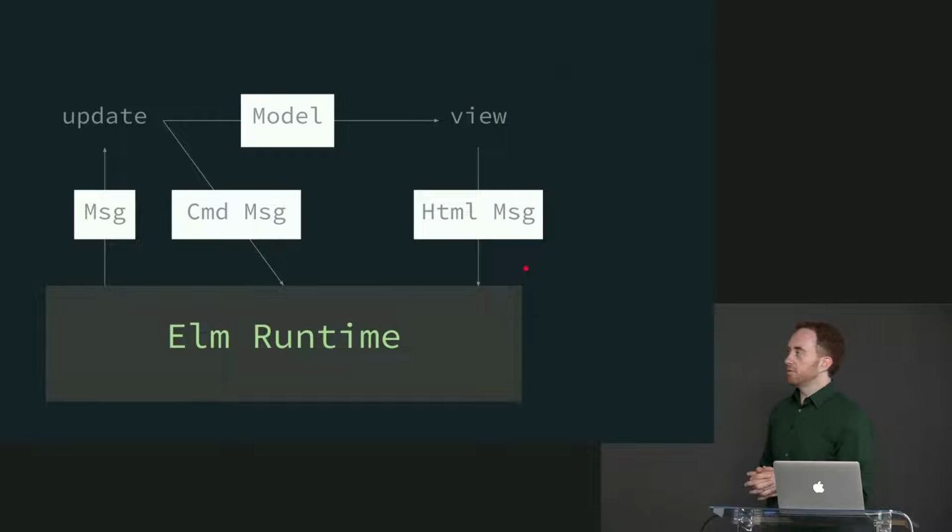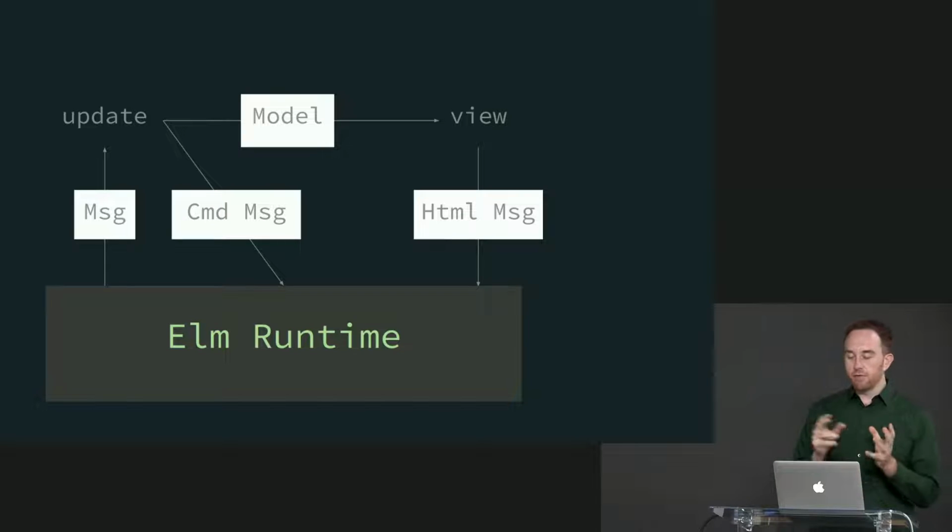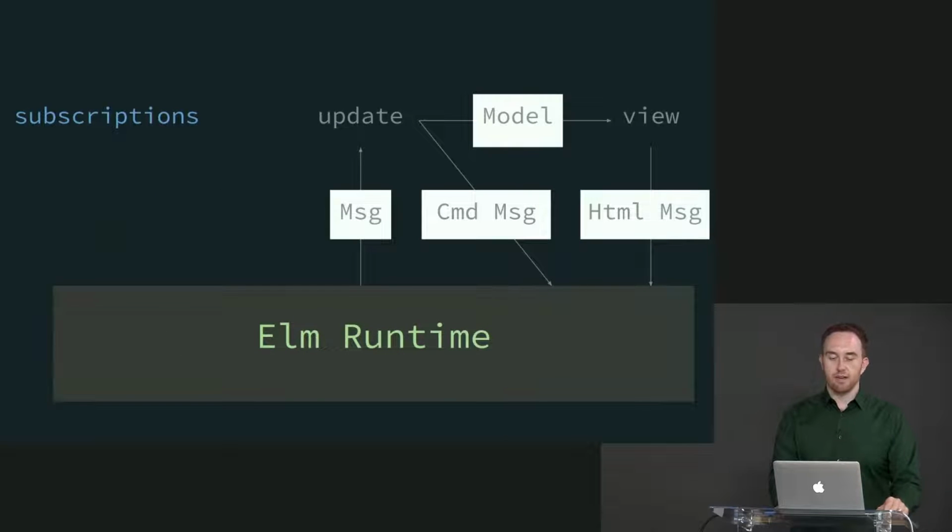So here's how subscriptions fit into our view of the Elm architecture. We started out with model, view and update. We introduced commands to that, and the commands were something that update returned. Subscriptions are the final piece of the puzzle. This is the last piece of the Elm architecture that exists. And much like commands, subscriptions are essentially one more way for messages to get sent from the runtime to update.